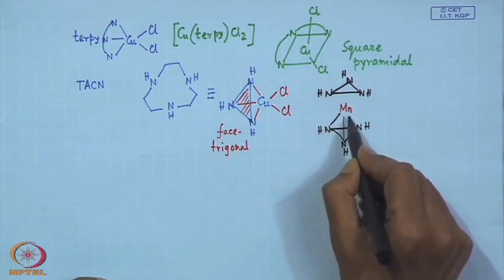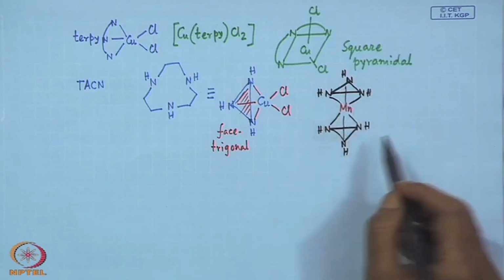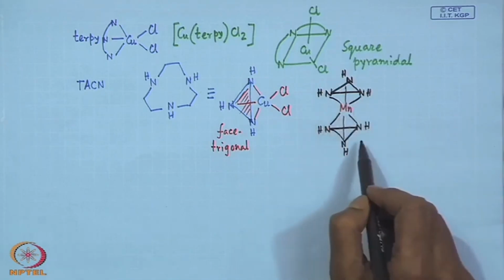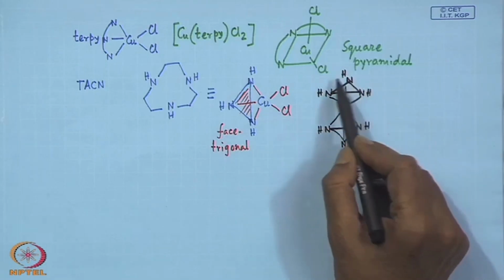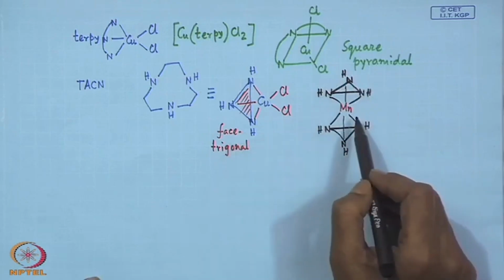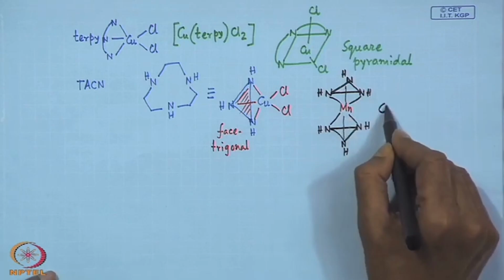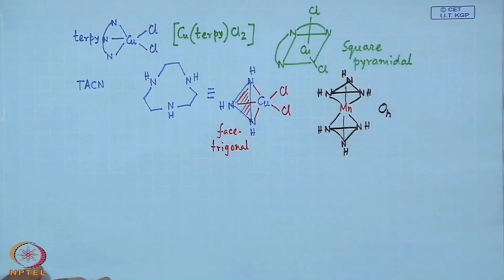So, these are forming 6 such bonds. So, one trigonal face is occupied, and another trigonal face is also occupied for the coordination of 2 tacane molecules to the manganese center, giving rise to the same octahedral geometry.